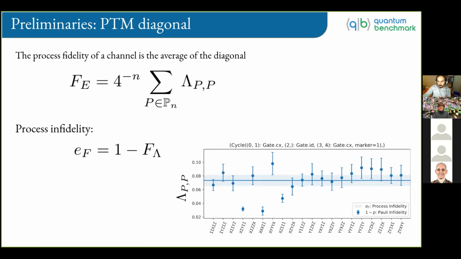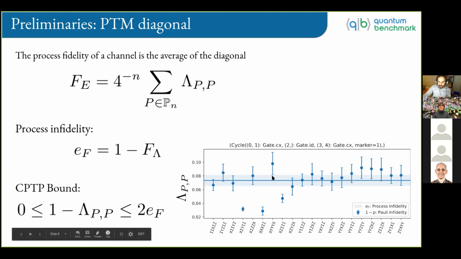The mean value is an estimate of E underscore F, the process fidelity. And there's actually a nice bound, so these points can't have too much variance. You can prove that for any completely positive trace preserving map, if you know what that is, it's less than 2 times the process fidelity. So these could only go up to about here, which is nice to know.